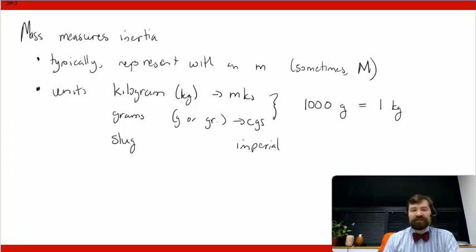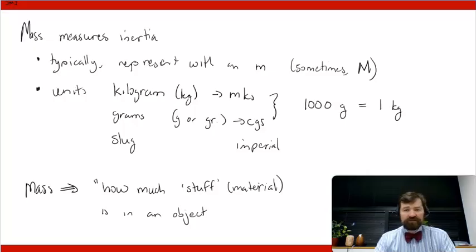There's another way of representing mass, and that is to essentially ask how much stuff or matter or material is present in an object. And in some sense that gets to our standards for measurement. How is a kilogram defined, or how has it historically been defined, and how might it be defined? Right now it's defined by the standard kilogram.